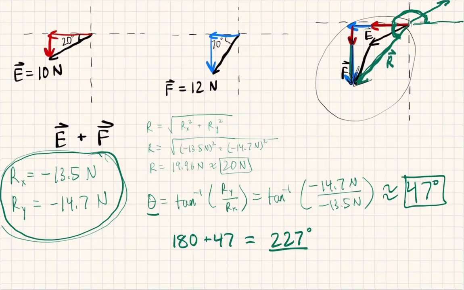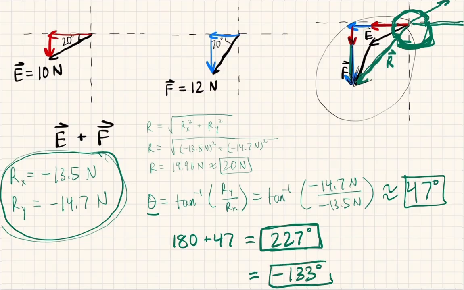Okay, now this angle is positive because when we go counterclockwise from the positive x-axis, we measure with a positive angle. And when we go clockwise, then we use a negative angle. So the direction angle can either be described as 227 degrees from the positive x-axis, or we can also find this angle here, which is 133 degrees, and say that the angle is negative 133 degrees.